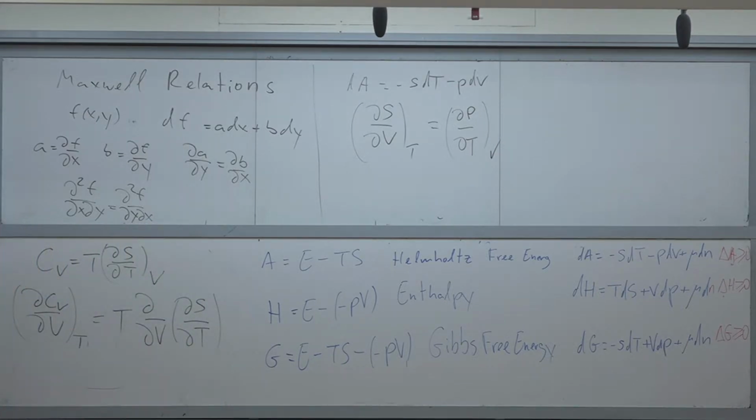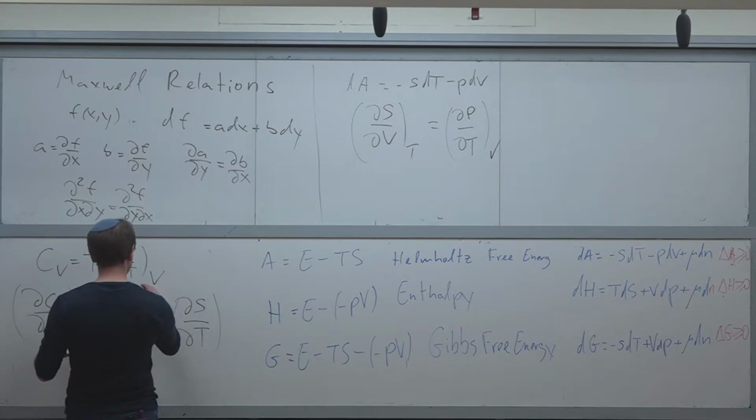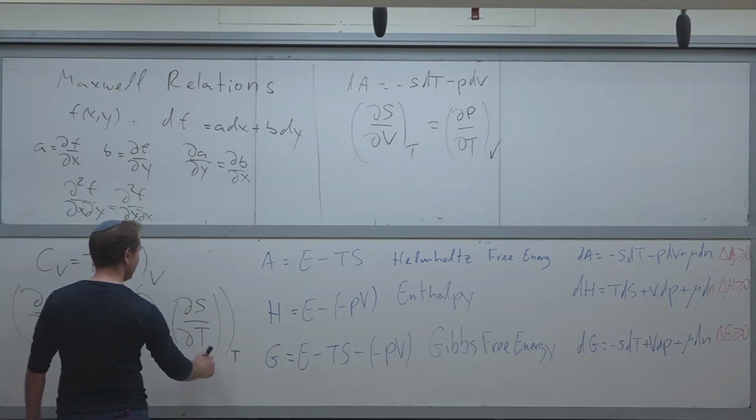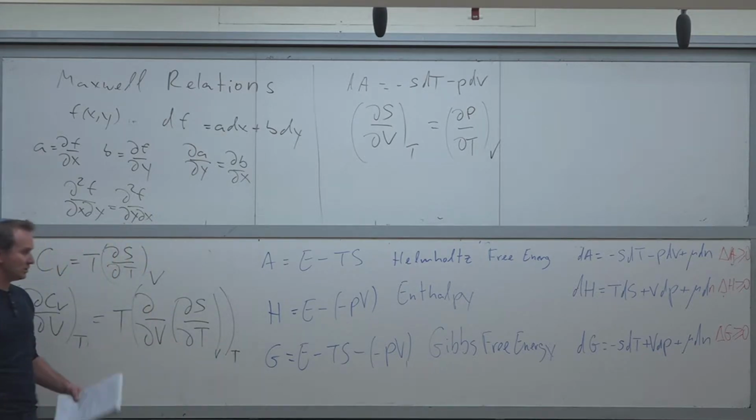Okay? So dV here is with respect to when the temperature is constant. dS/dT is when the volume is constant.